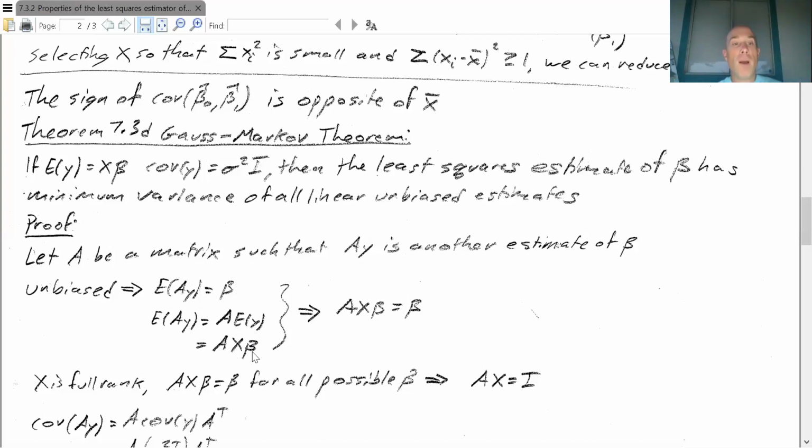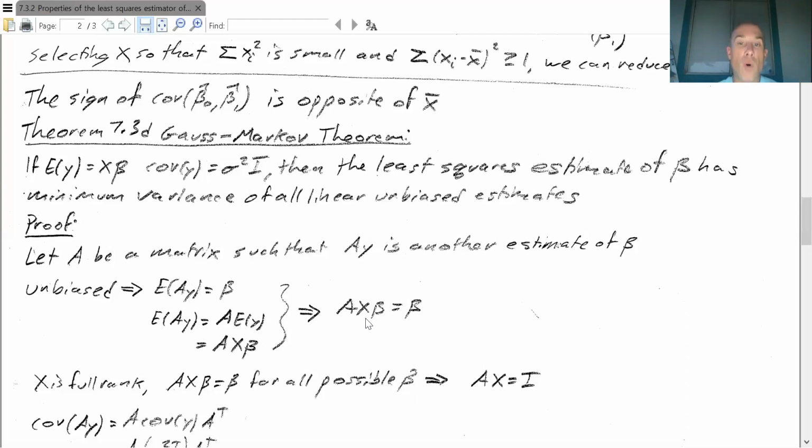So I've worked out that the expected value of A times Y, because it's unbiased, is equal to beta. I've also worked out, because of this other assumption, that the expected value of A times Y is AX beta. These two have to be equal to each other because they're equal to the expected value of A times Y. X is full rank.